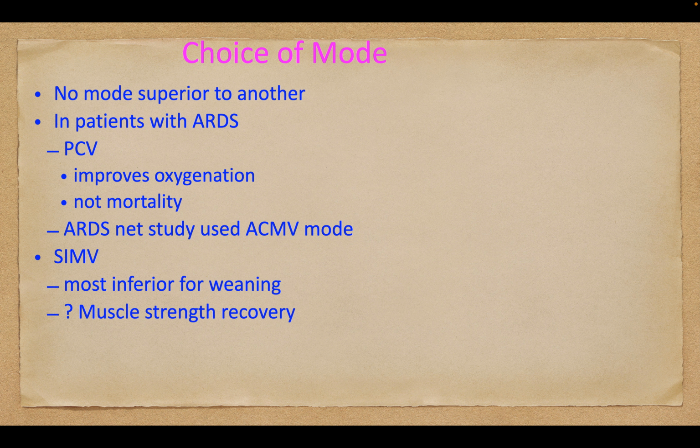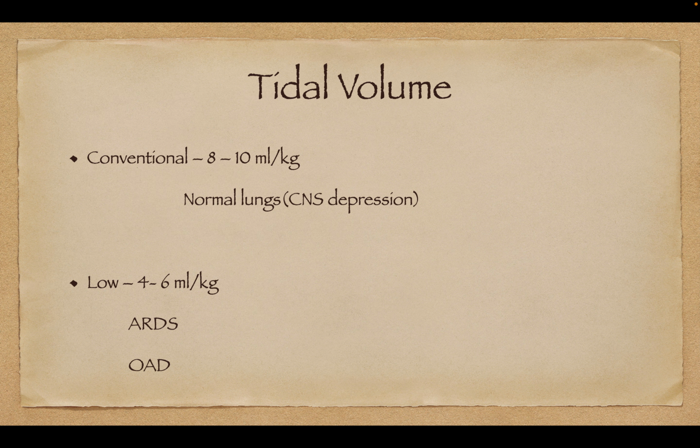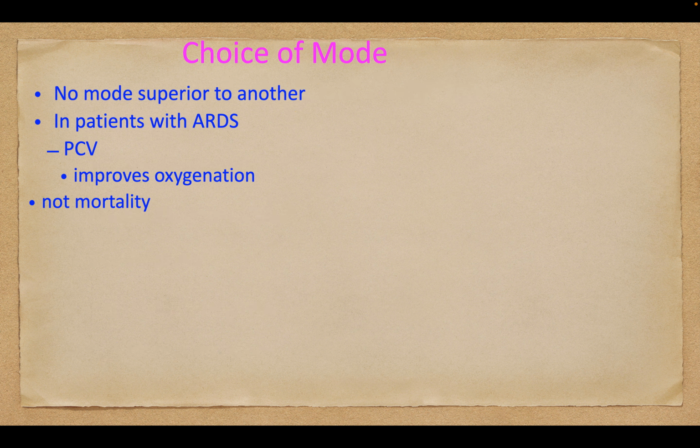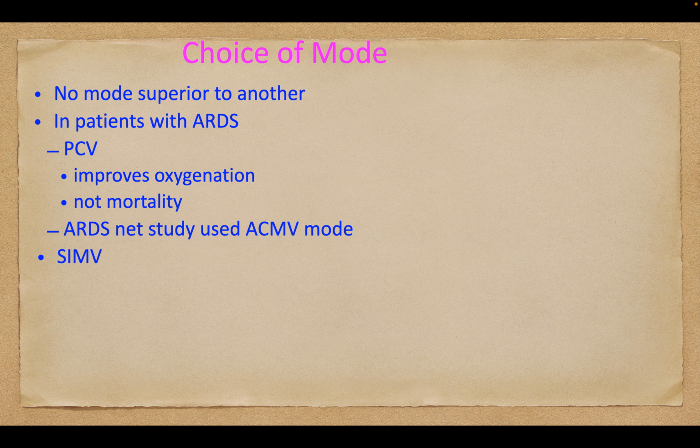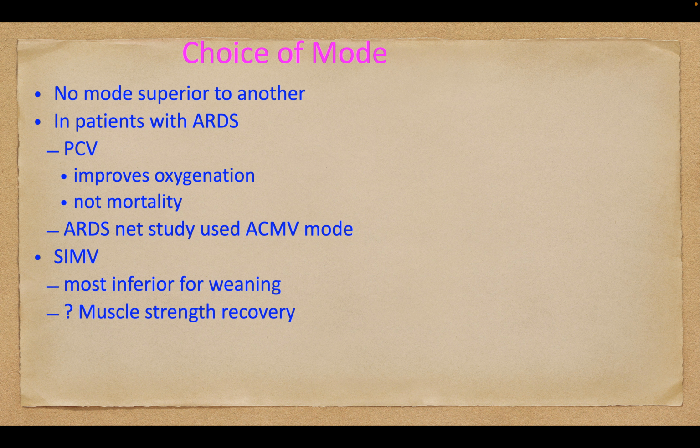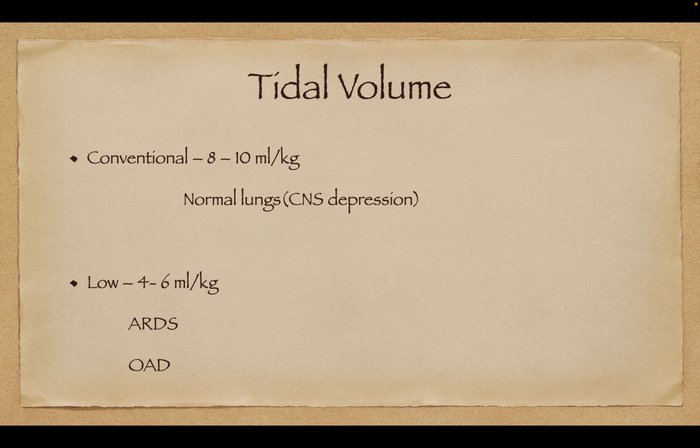SIMV is actually an inferior mode for weaning, and it has a doubtful role in muscle strength recovery. That is why in the present clinical context we may not use the SIMV mode as a weaning mode. So remember that there can be no mode superior to another.